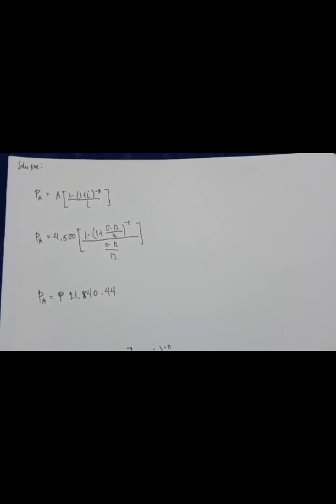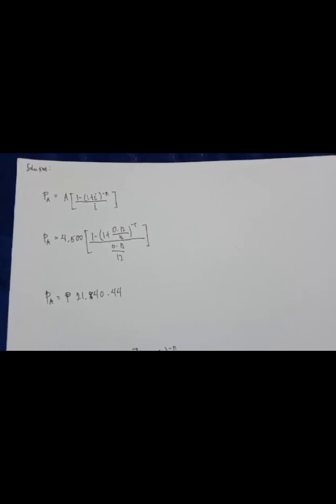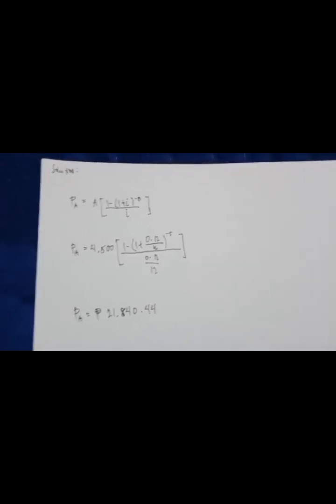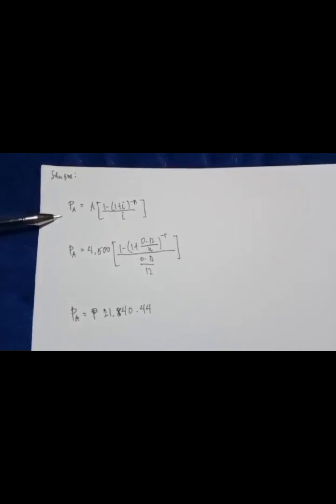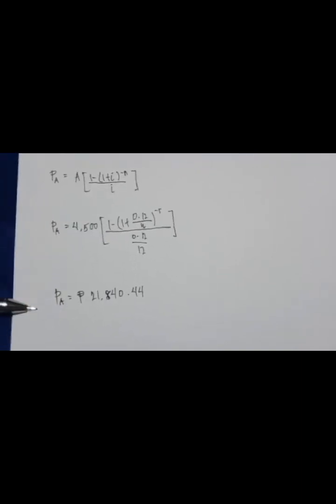For our solution, let us solve for the total present worth. Note, increasing, so positive. So, getting the value of the present amount, we have our formula here, and we just substitute the value into our formula to get the present amount.